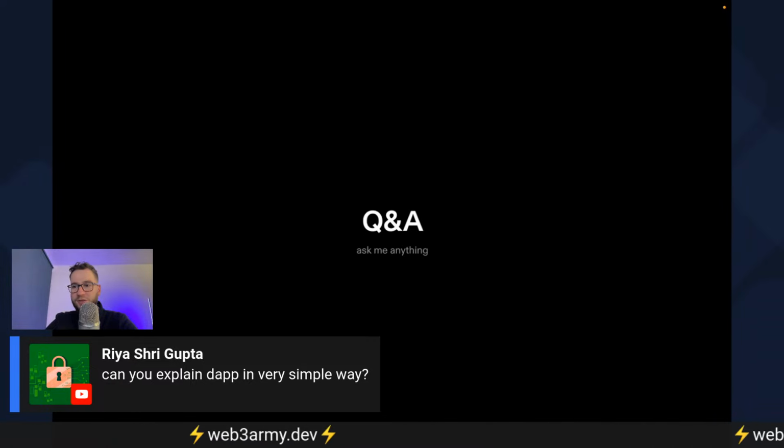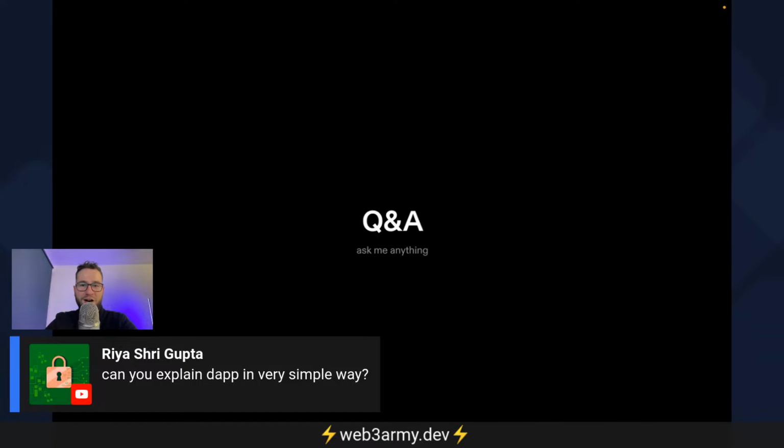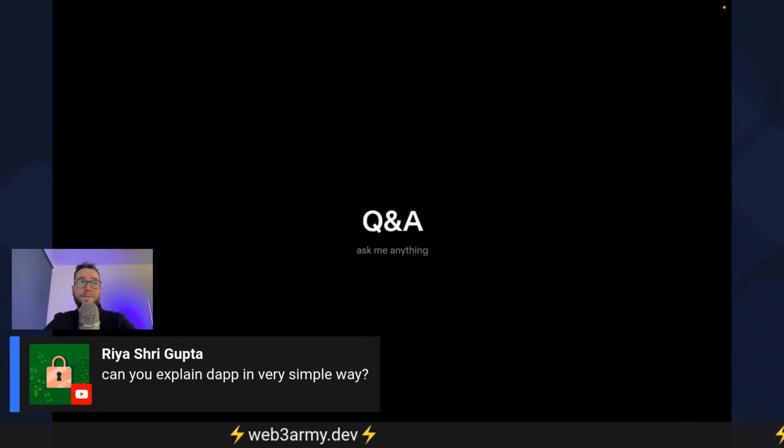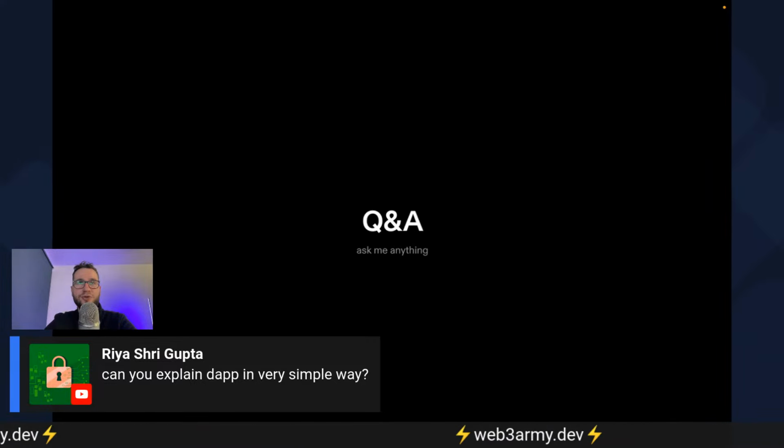So it's a really interesting concept of an application that really lives in decentralized networks. So not only the backend, so to say endpoints, are on the smart contracts, but also your static files are not deployed to regular server machines, but to some kind of network, which might be IPFS or Arweave. So that would be a long explanation of how I see dApps. Not sure if that was in a simple way, but I hope some of you got what I mean.